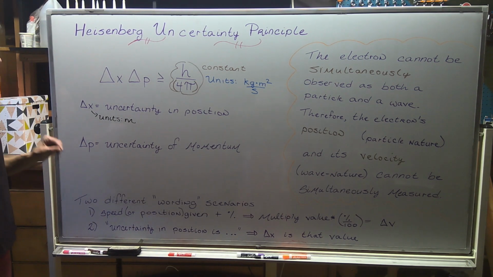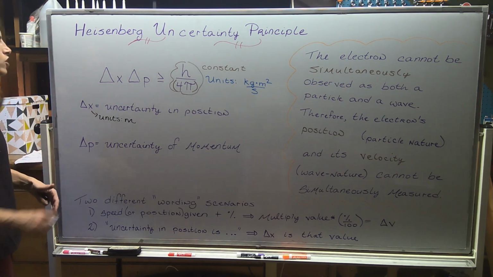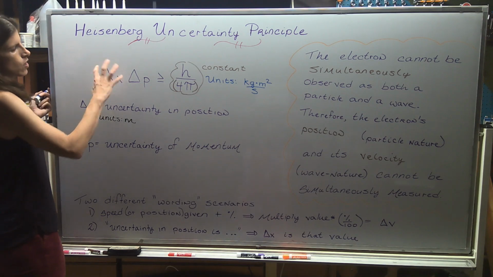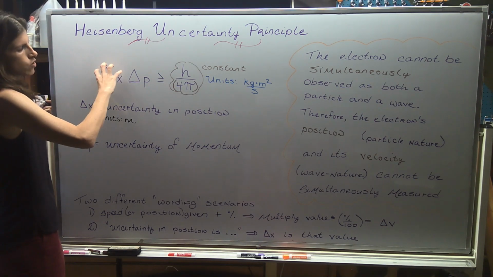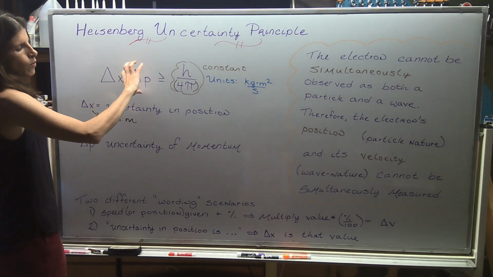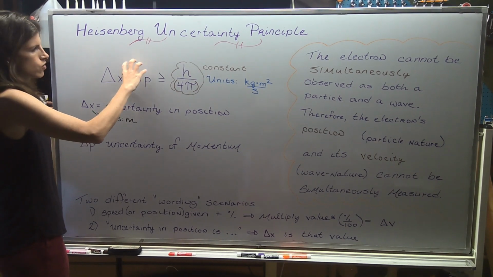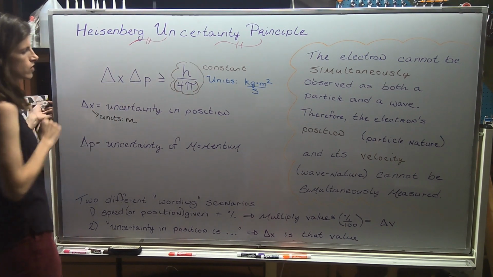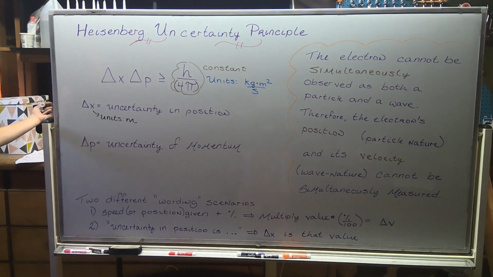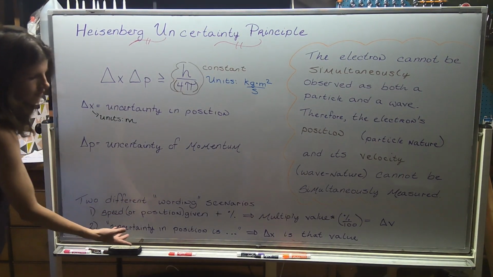Sometimes they give you a percentage and then they give you a speed or a position. Typically what happens is we know the uncertainty associated with one aspect and we have to solve for the uncertainty associated with the second component or second aspect.